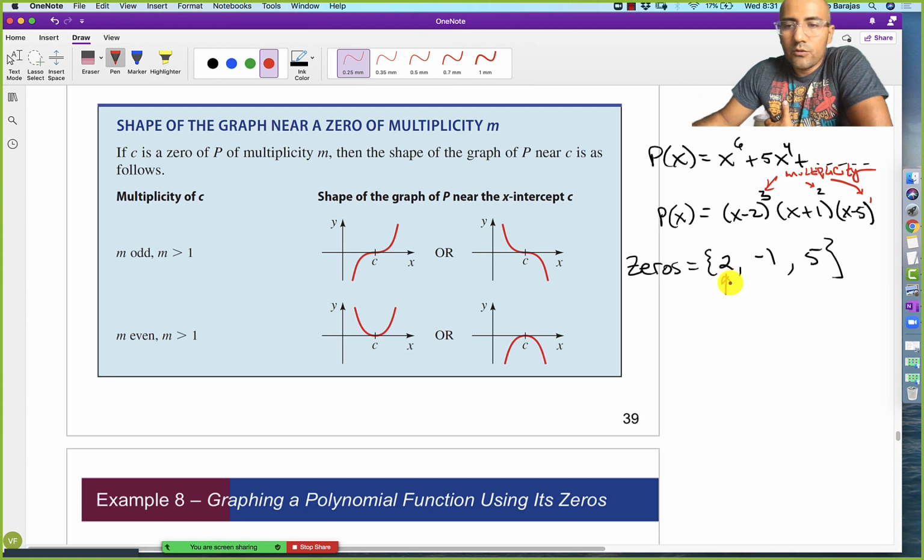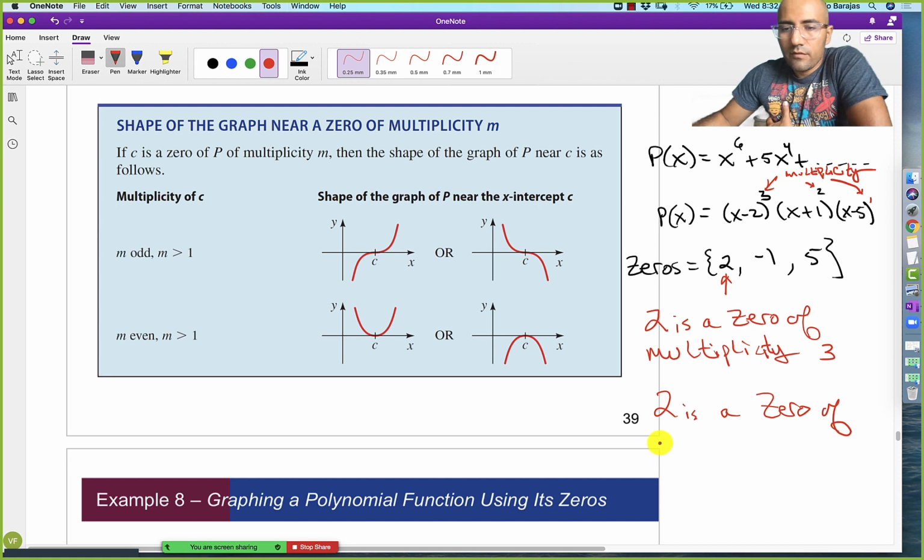So we'd say that 2 is a 0 of multiplicity 3. And we'd say that negative 1 is a 0 of multiplicity 2. Good. And 5 is a 0 of multiplicity 1.